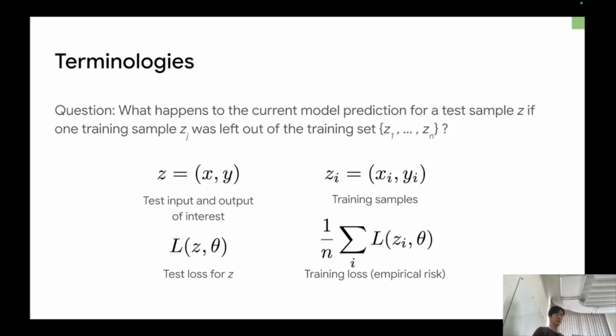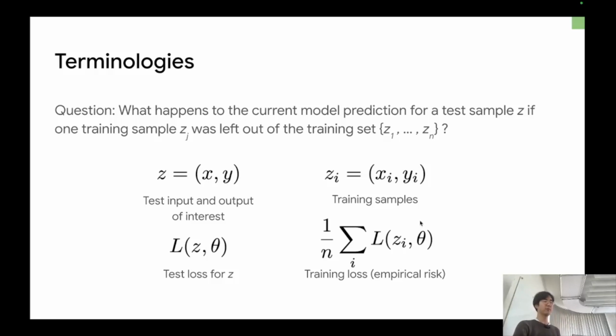Some terminology again. We say z for the input and the label together. We write z for the test sample, and z_i or z_j for training samples. We write L for the test loss for a single sample, and of course for the training objective we take the average over the loss values of the different training samples.